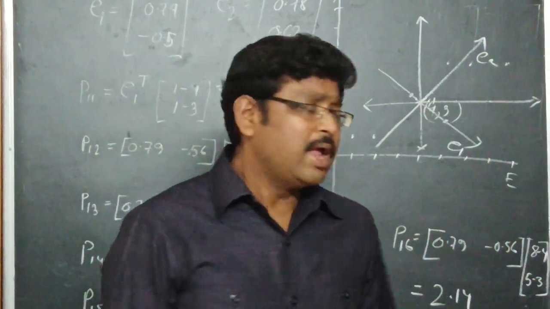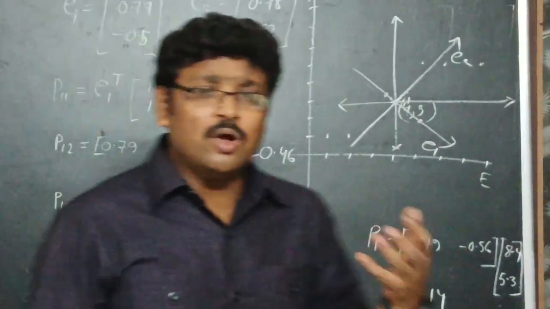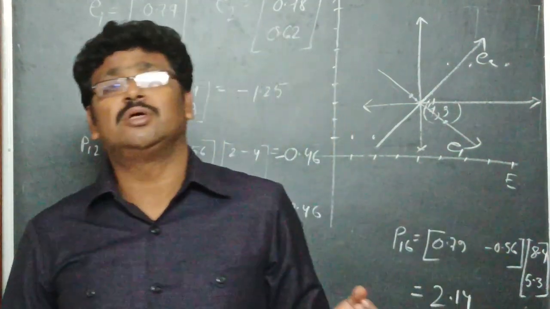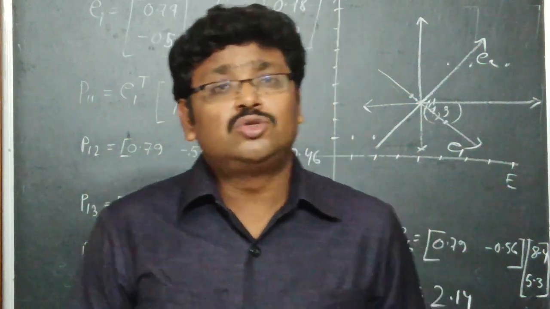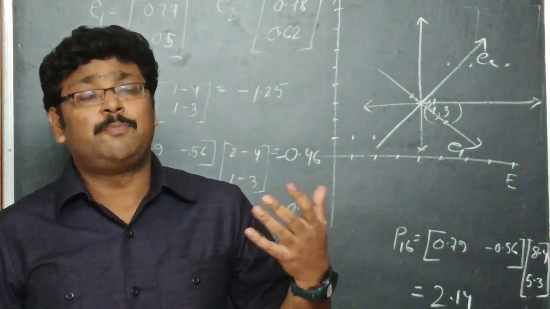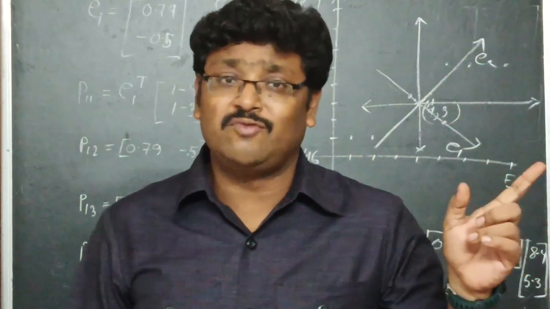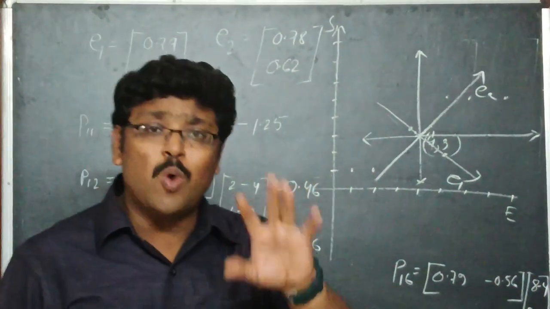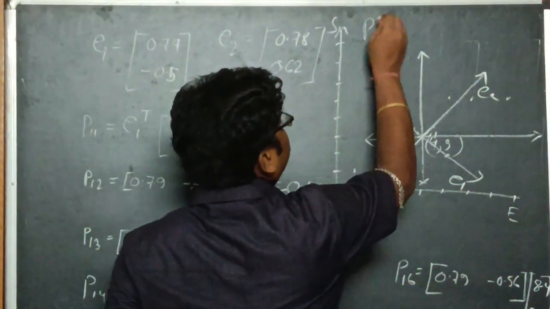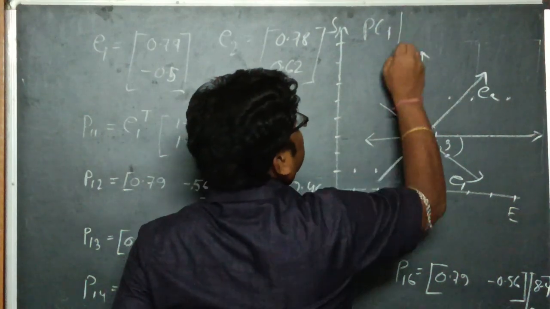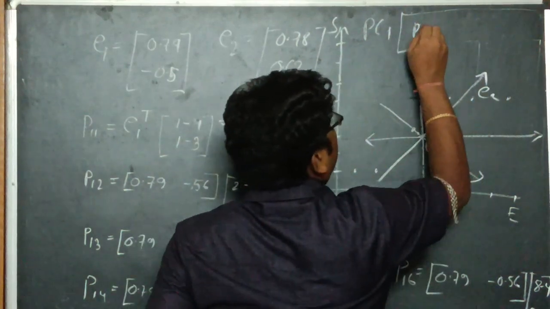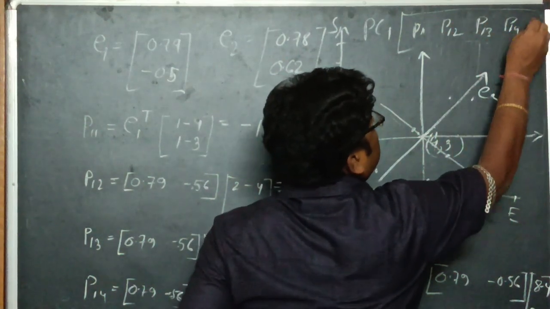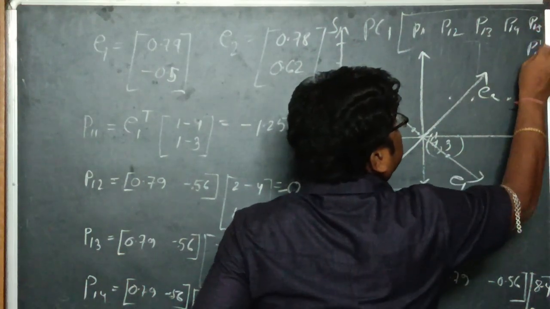Now, as it is given in our problem, we have to reduce the dimensions of the given data set. So we have to find the values of the principal component 1. The values of the principal component 1 we can write as PC1, and the values are P11, P12, P13, P14, P15 and P16.